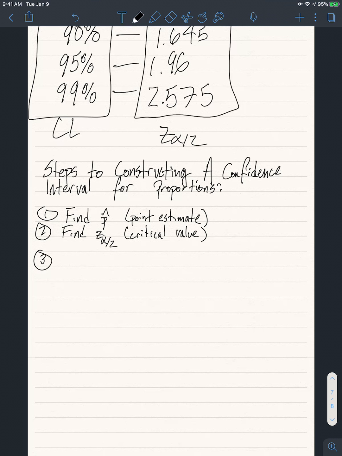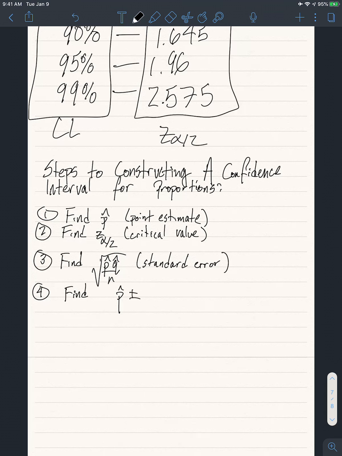Step 3 is find your standard error. Step 4, find the interval.